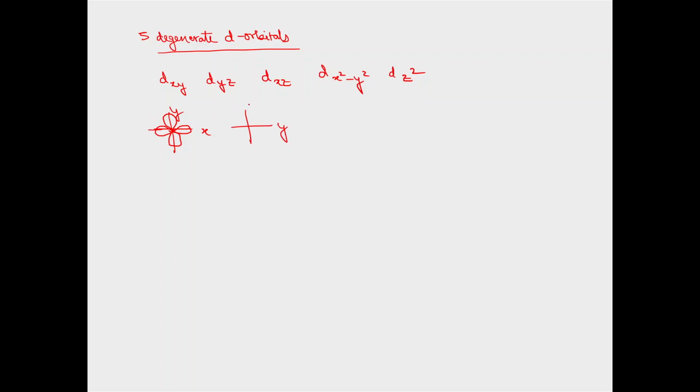If this is dyz, this is the yz axis, then in the yz plane dyz is this. If it's dxz, then this is x and this is z.